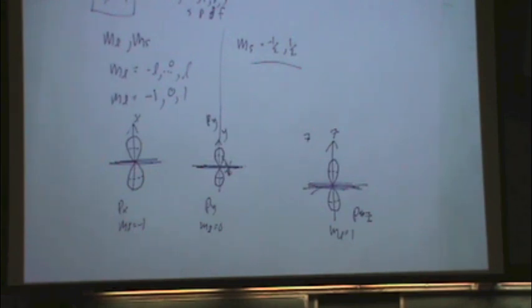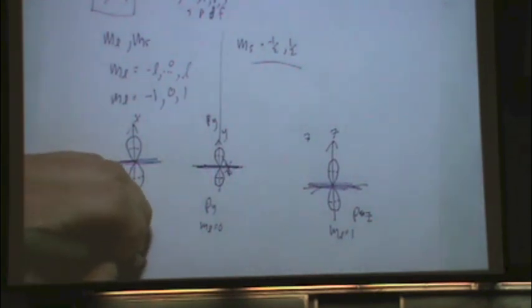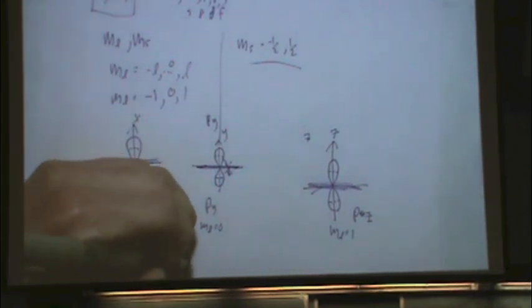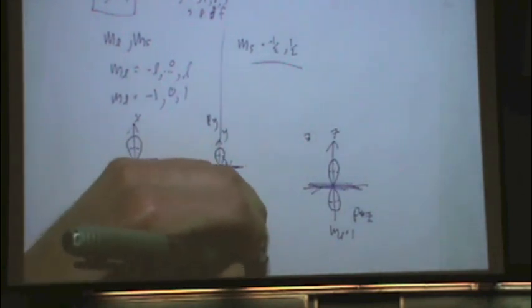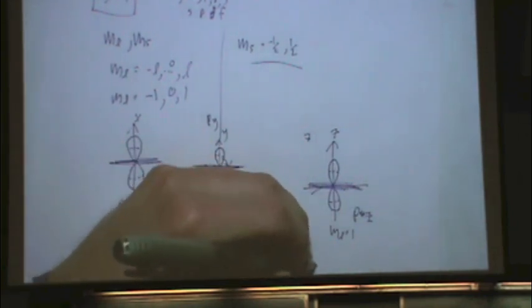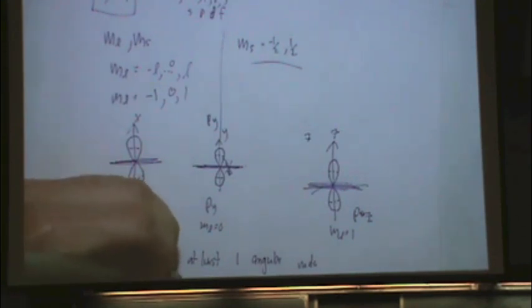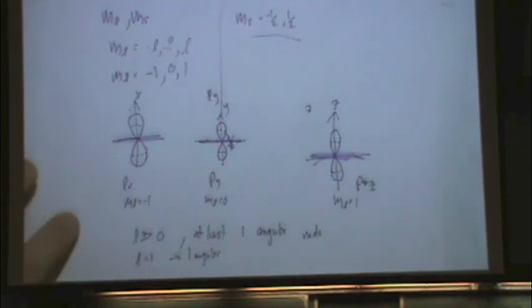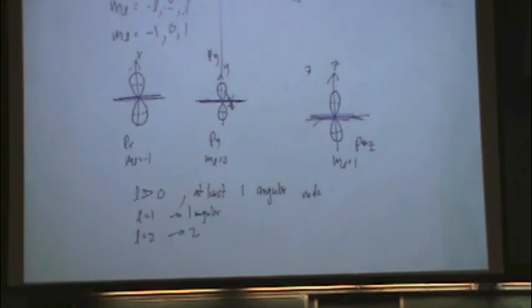So how do we know that we are going to have an angular node? Whenever your L is greater than 0, you're going to have at least one angular node. L of 1, one angular node, L of 2, and so on.